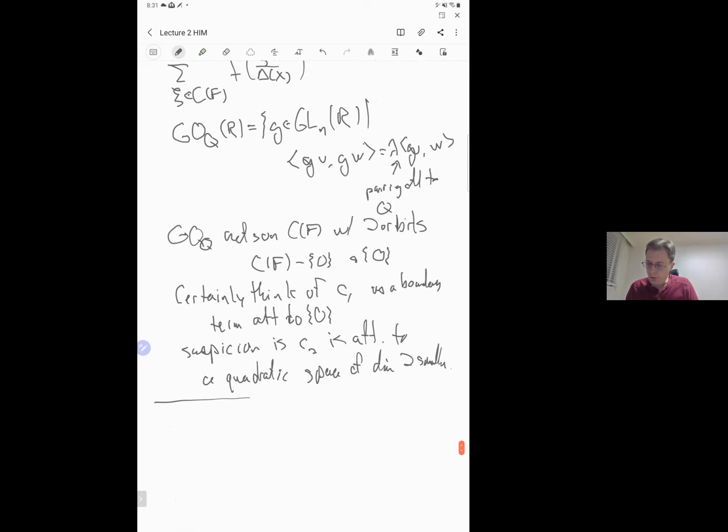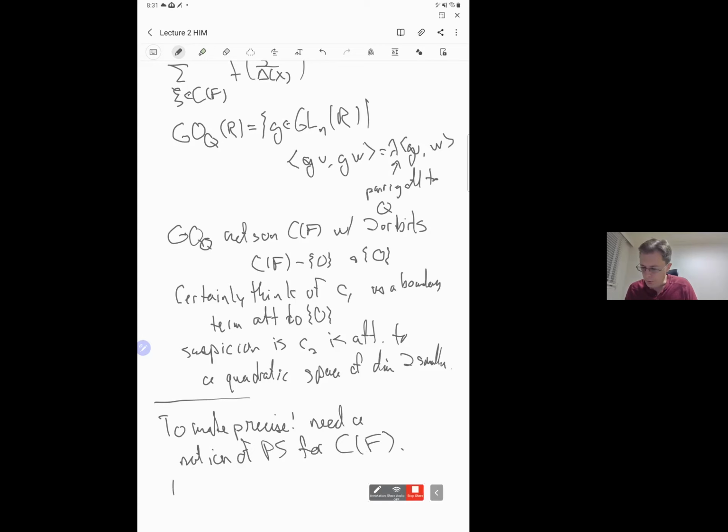So in order to make this precise, we need a notion of Poisson summation for X(F). And this is known.